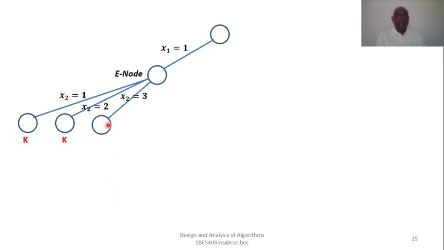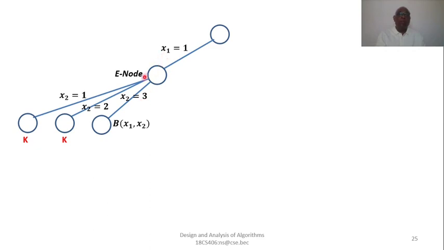So we create the next child of this E node by choosing the value of x2 equal to 3, and immediately we ask, does it satisfy the bounding function P of x1, x2? Let's see: x1 is not equal to x2 because 1 is not equal to 3.